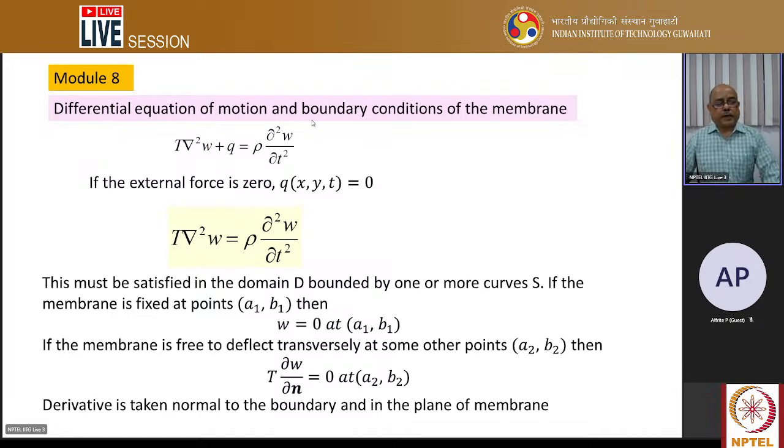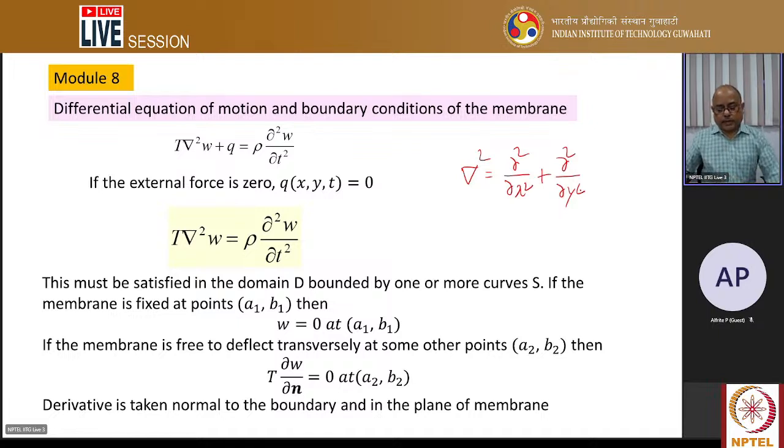The equation of membrane was obtained as T del square W plus Q equal to rho del square W by del T square. Now this del is a Laplacian operator, del square by del x squared plus del square by del y squared.